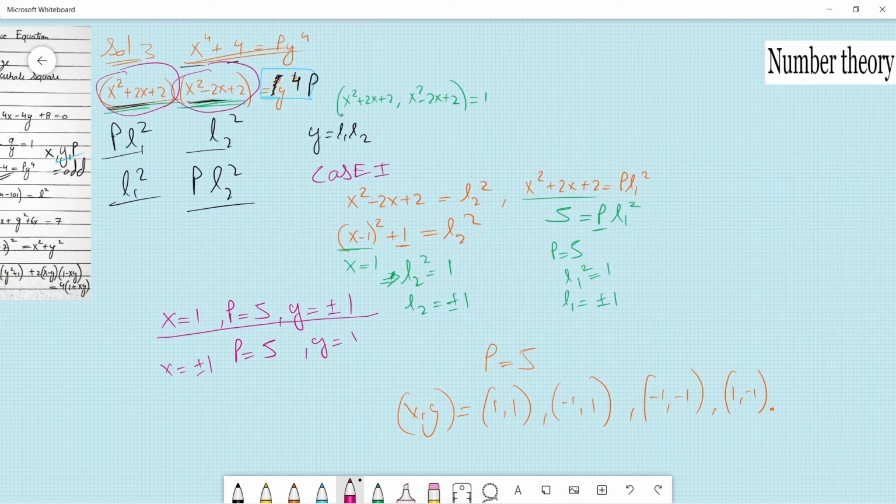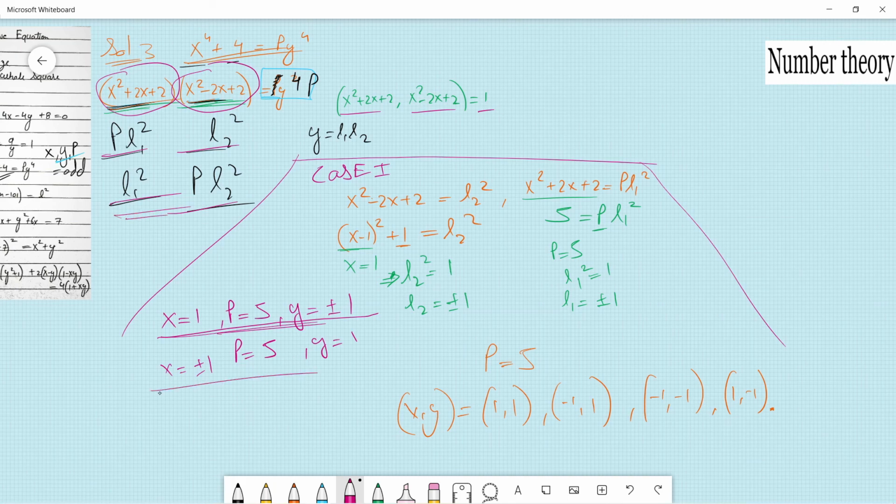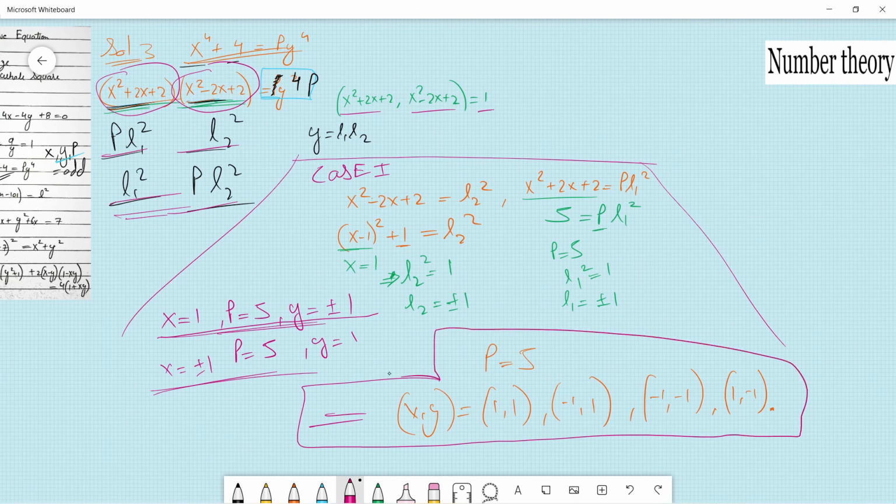The GCD did turn out to be 1, and using what I told you in the beginning of the lesson, we got these two cases. We dealt with case 1 here. Case 1 gave us these solutions, and case 2 similarly will give you these solutions, and from that these are our total solutions.